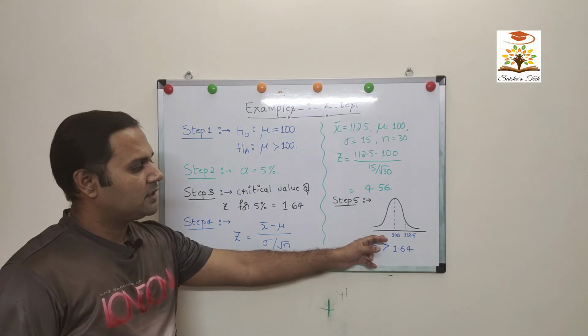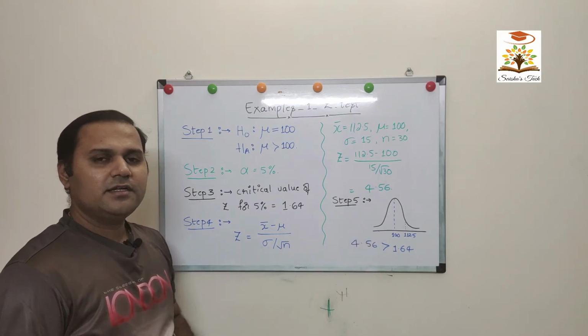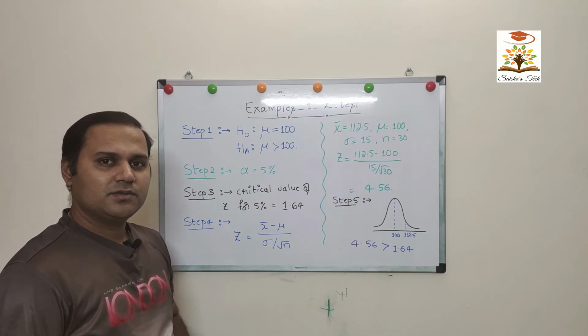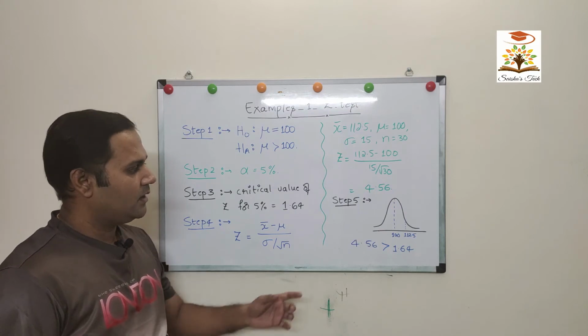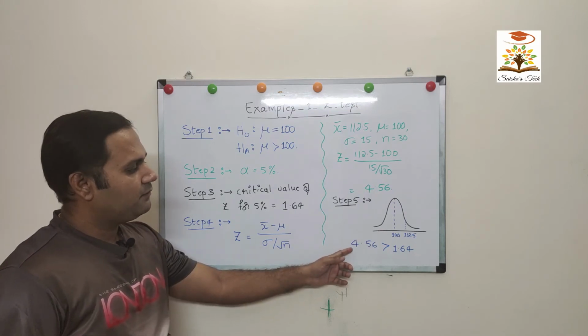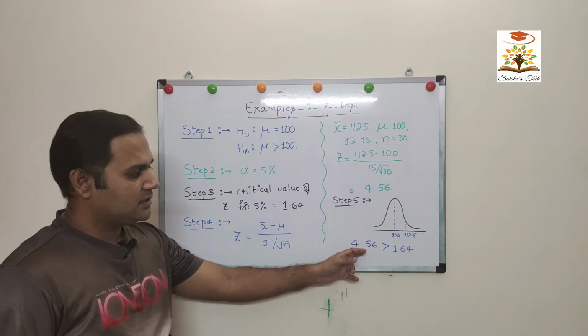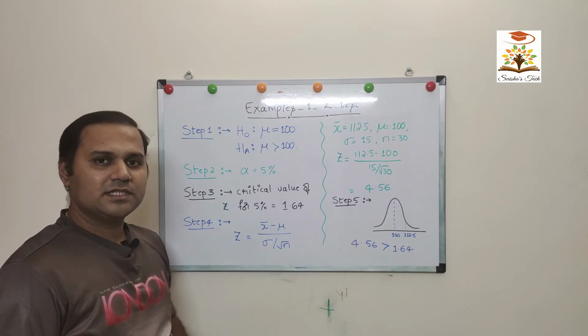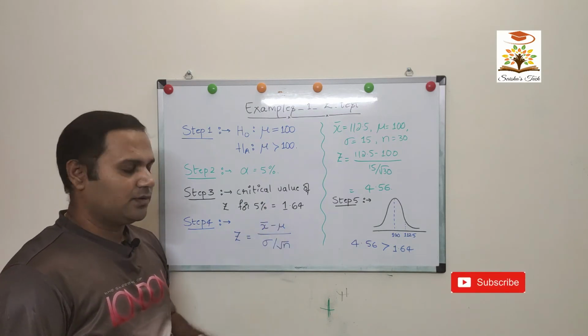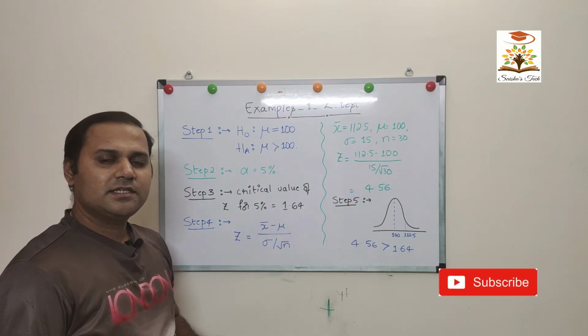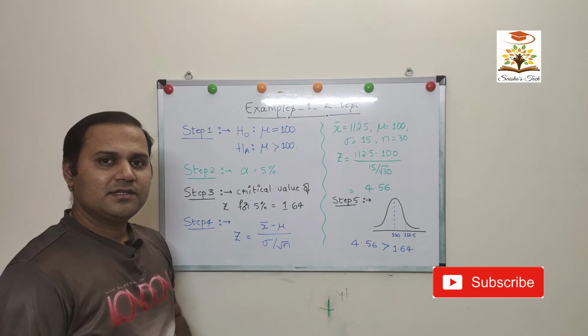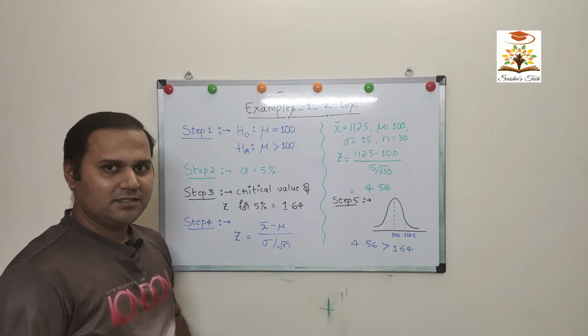In step 5, we are visualizing our problem. The mean population IQ score is 100 and the principal claims that the students in the school have above average IQ score. When we compare the value of Z from the evidence, which is 4.56, and the critical value, which is 1.64, the rejection region is towards the right, that is a right-tailed test.